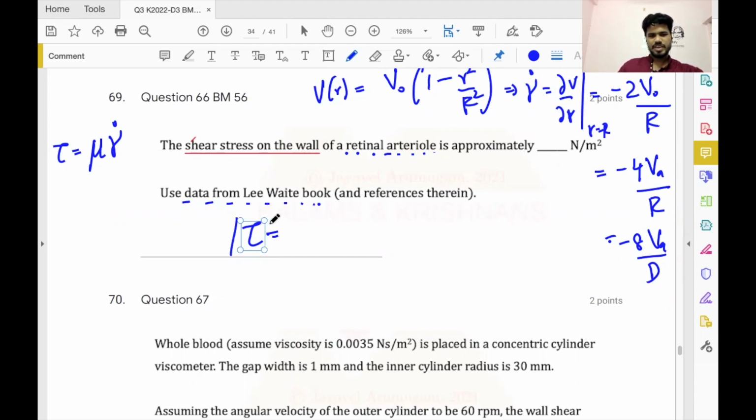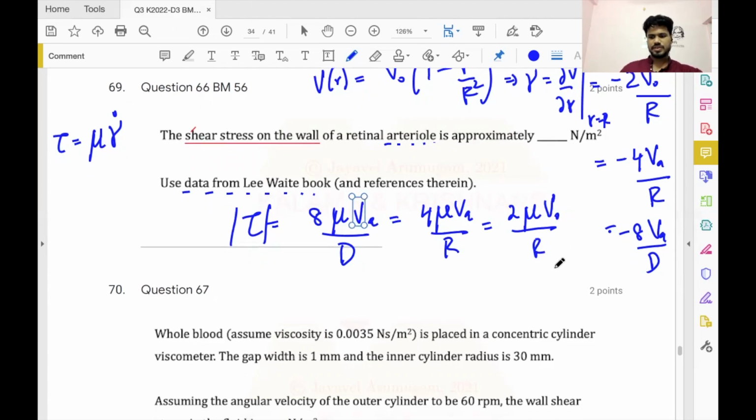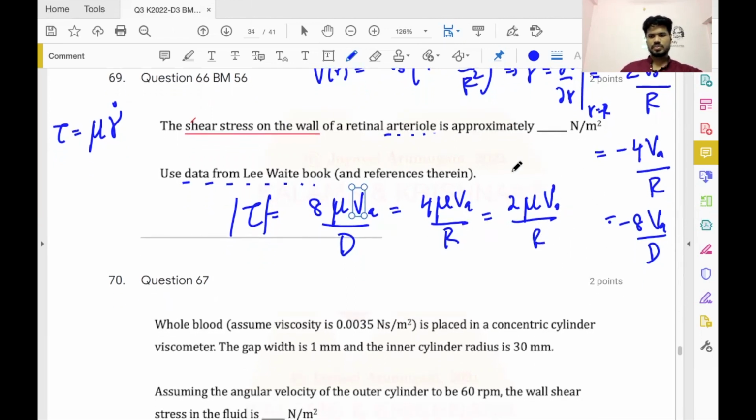Typically, as a magnitude, 8 mu V average by D, or you could also say it's 4 mu V average by R, or 2 mu V naught by R. V naught is the maximum, V average is the average. If you find values for this, I remember mu should be roughly 0.003 Pascal second. Mean velocity and radius, if you plug in, you should get a reasonable value.